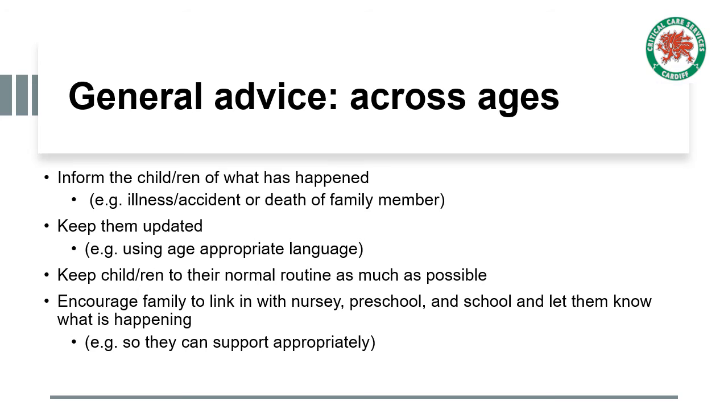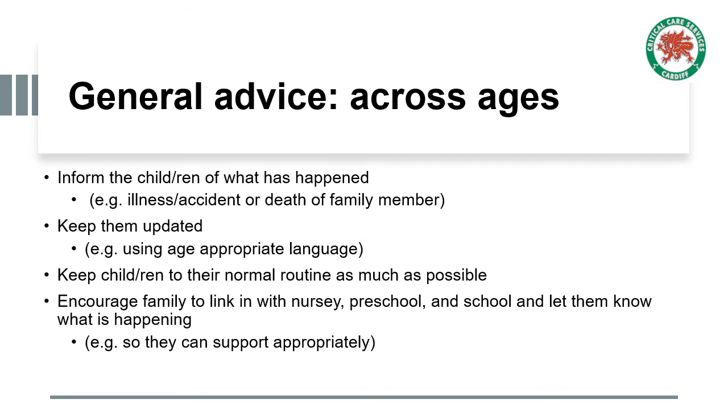This is really important because these organisations tend to know these children really well, and so when they see that they are acting out of character, more withdrawn, more distressed, perhaps more angry, frustrated, they're able to interpret this, knowing what's going on for the child or the young adult, and they can offer support appropriately.